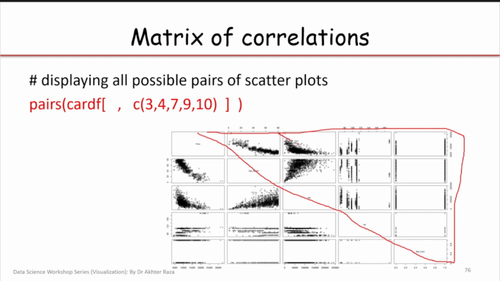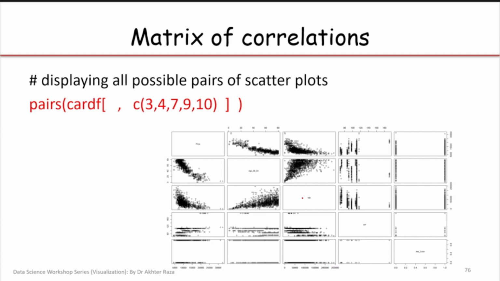It is also a negative relationship, HP and price. If we have more horsepower, the price is lower. And this is the graph which has a binary variable. These are the binary variables, with only two values.